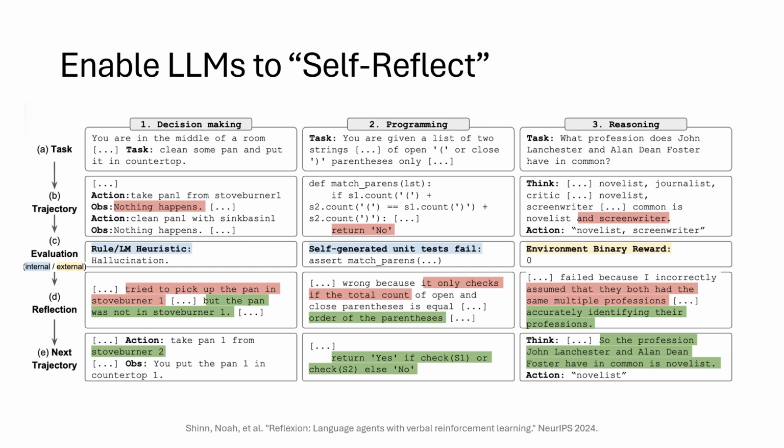And then we will ask the model to do some self-reflection to identify its own mistake. Then based on all this previous trajectory, some evaluation and self-reflection, now we can resample the new trajectory, and hopefully this time the model will get it right. And in this paper, they show it truly works in these three scenarios.